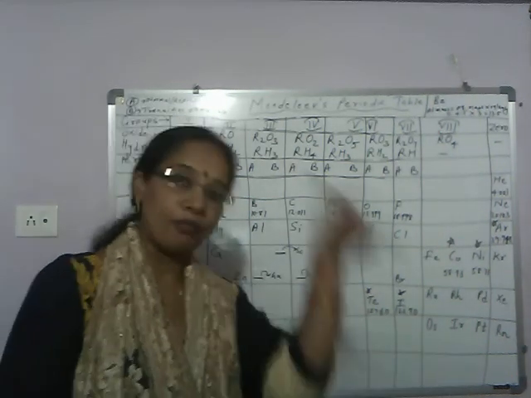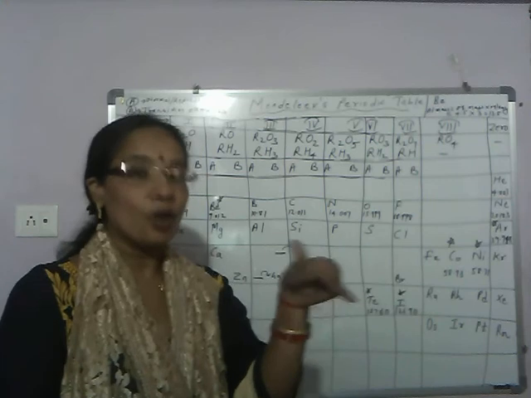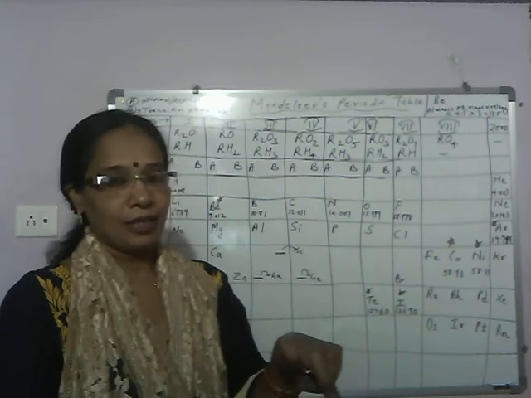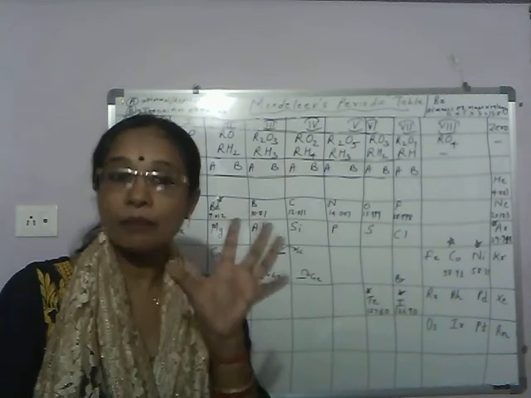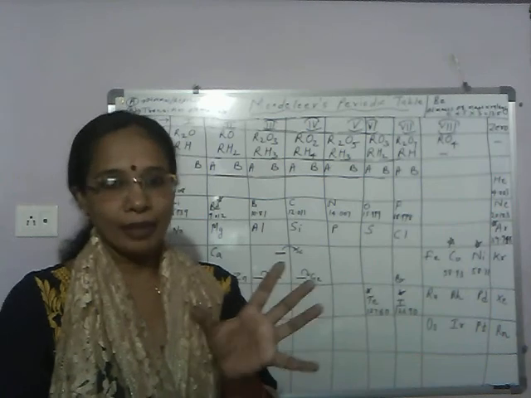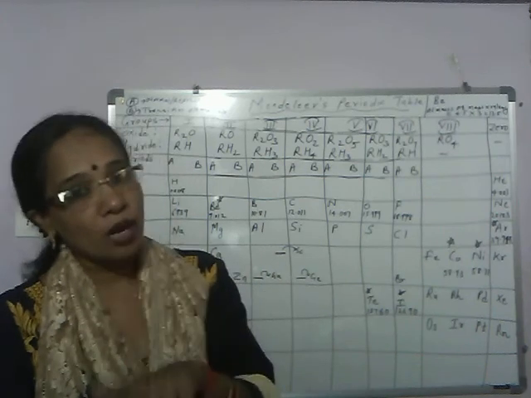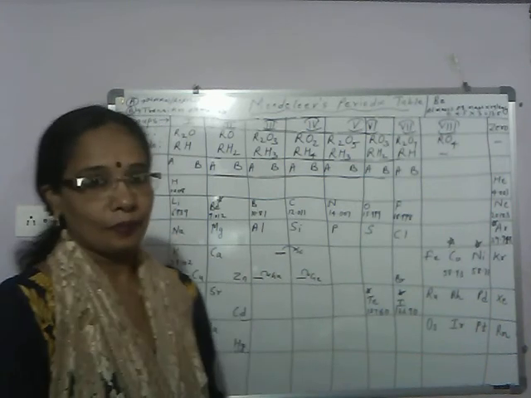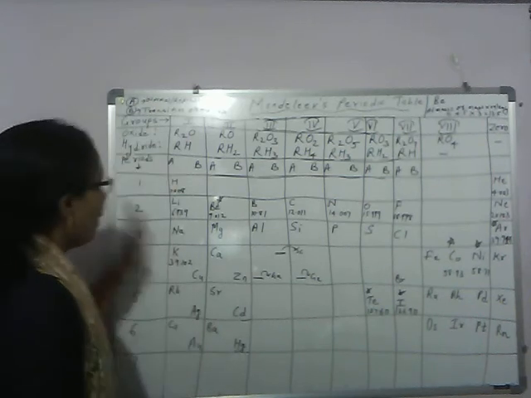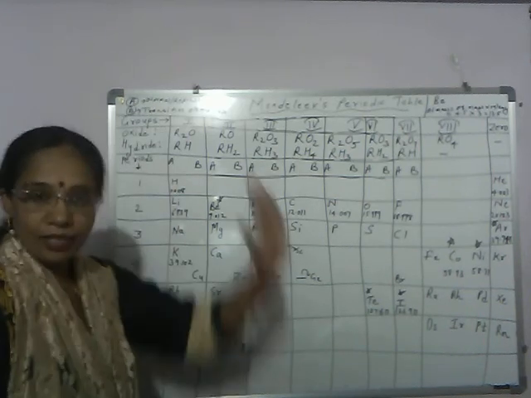He didn't arrange before the elements in increasing order of atomic mass. He just saw the similarity in properties of the elements and also the similarity in formula of hydrates and oxides. So once it was arranged this way, the elements automatically got arranged in increasing order of atomic mass.